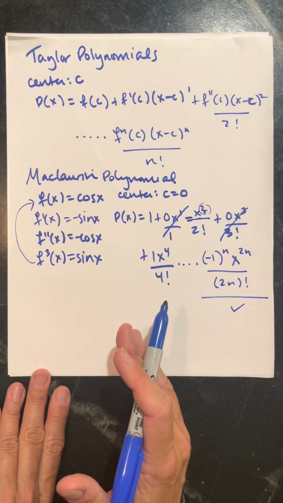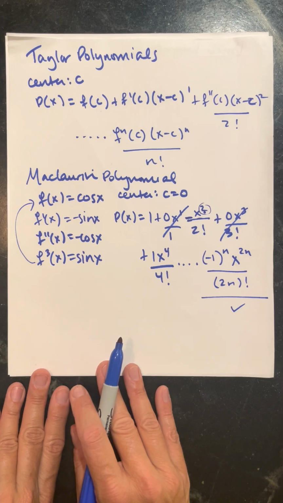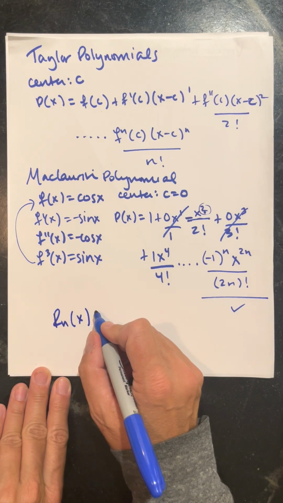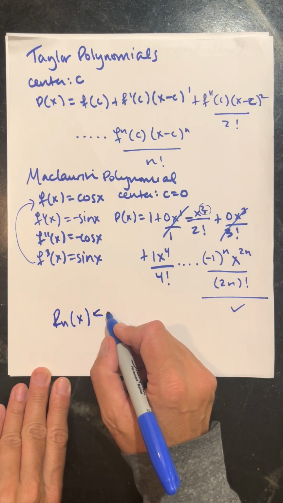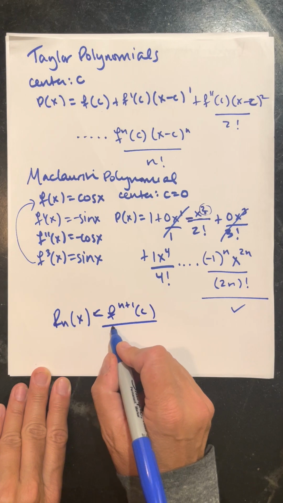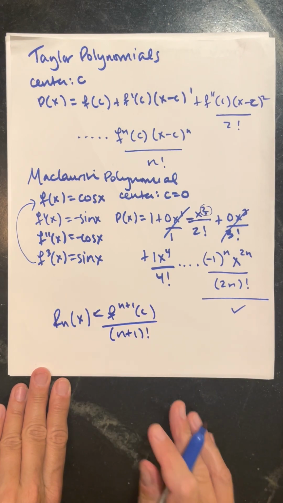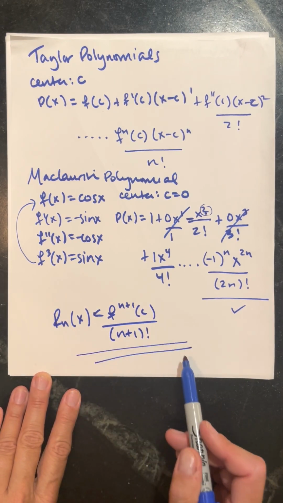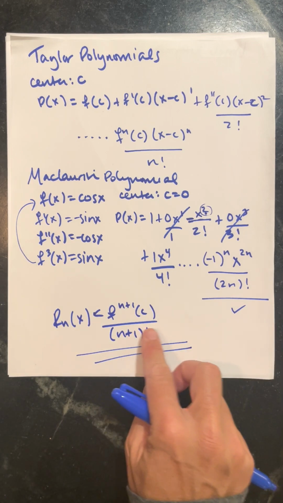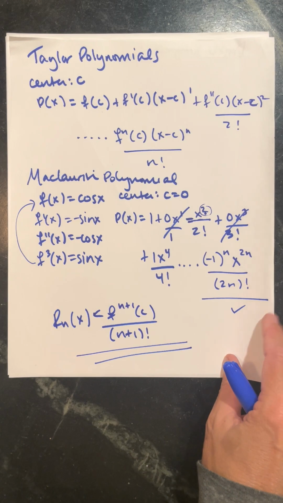If I go out 20 terms, my remainder is less than the 21st term. So the remainder is going to be less than f to the n plus 1 of c over n plus 1 factorial. And this is always going to be my Taylor remainder or my Maclaurin remainder. It doesn't actually matter because we construct them the same way.